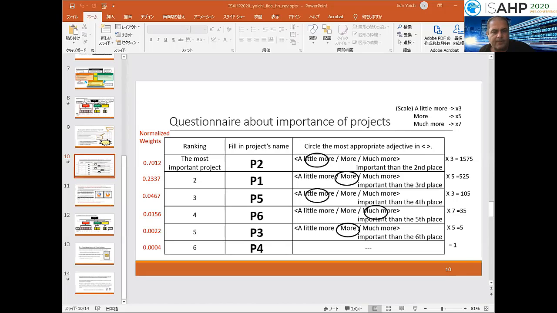A little more is X3, more is X5, but I couldn't understand what you mean by that. Do you ask me why about this scale? Yes, that is what I am asking.